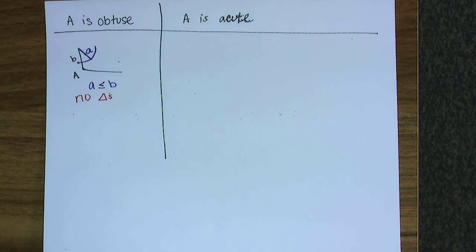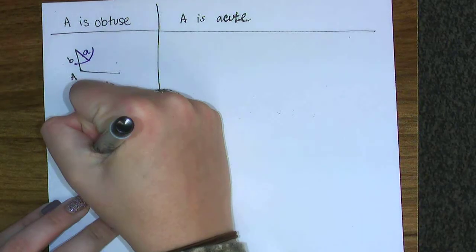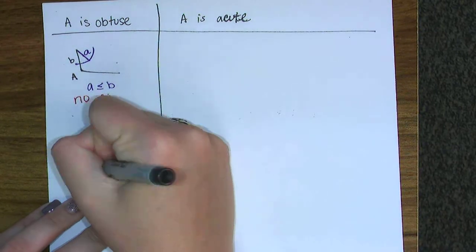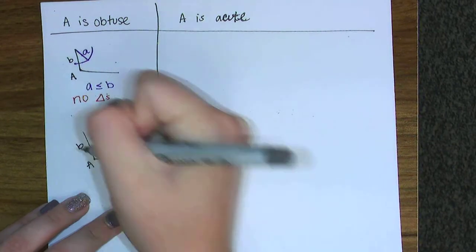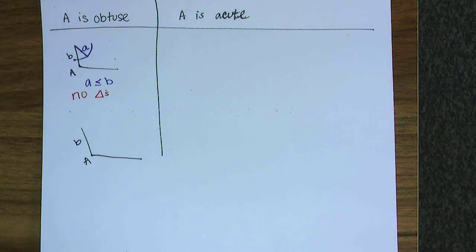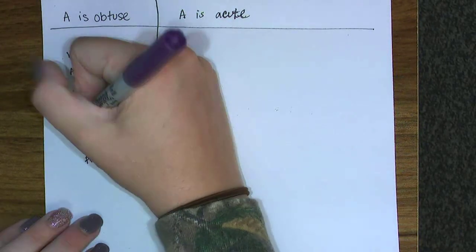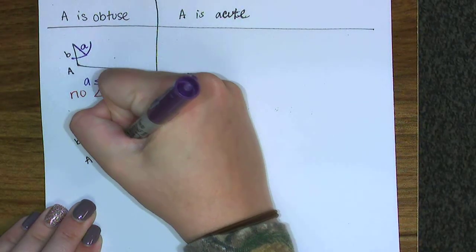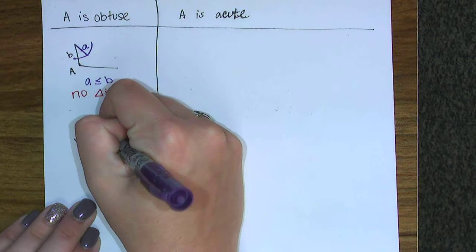Now, another possibility under obtuse, okay, I'm going to set it up the same way. So we still have angle A, fixed side B. Another possibility we have is that A could be really, really big. A could be long. So, comes down here. Okay, and this is A. Basically, if we were to draw our string through, and you're probably like, why is she drawing this little imaginary string?